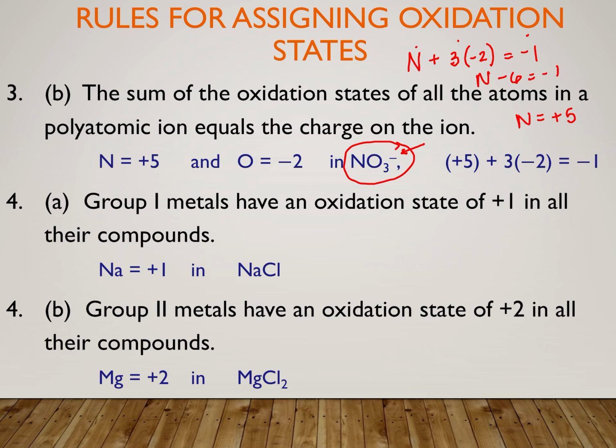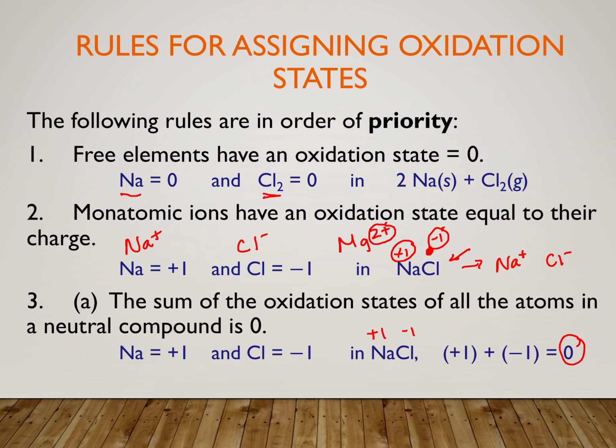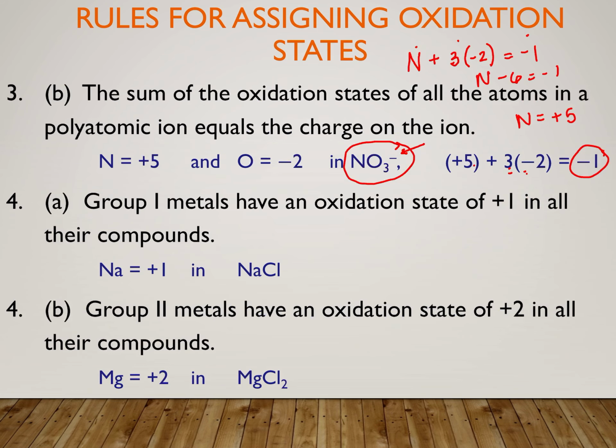We have more examples of this later. So if we have a neutral compound, it's going to equal 0. If we have a polyatomic, all of the oxidation states are going to equal the charge on the ion.